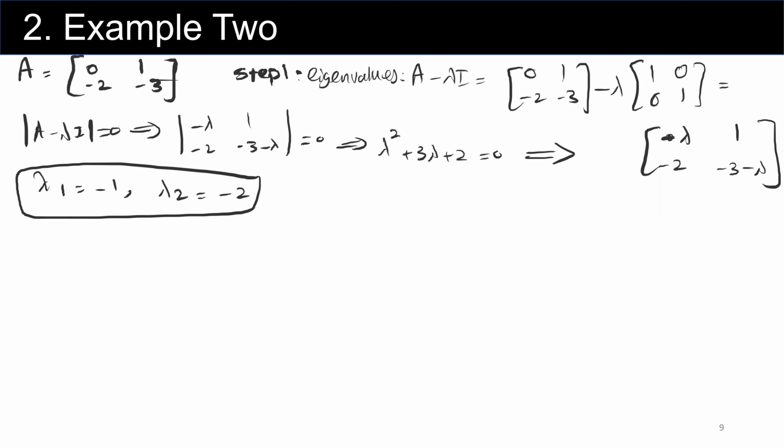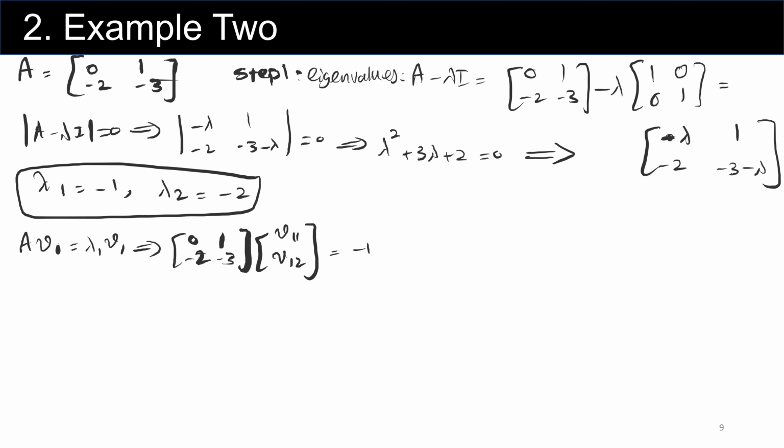All right, let's find the first eigenvector. A v sub 1 is equal to lambda 1 v sub 1, which means A, [0, 1; minus 2, minus 3], multiplied by v sub 1,1 and v sub 1,2, the elements 1 and 2 of v1, is equal to lambda 1, minus 1, again times v1,1 and v1,2.